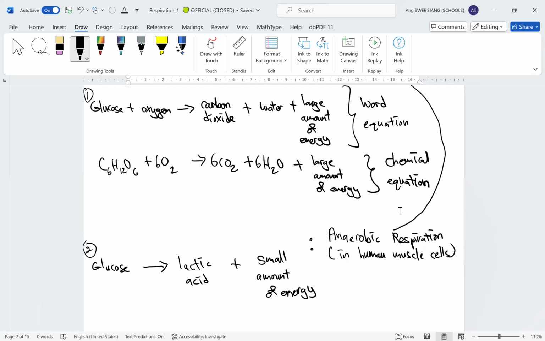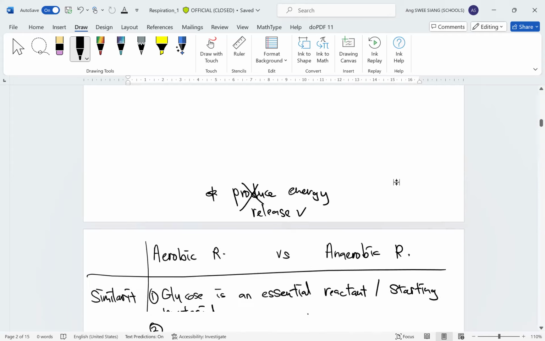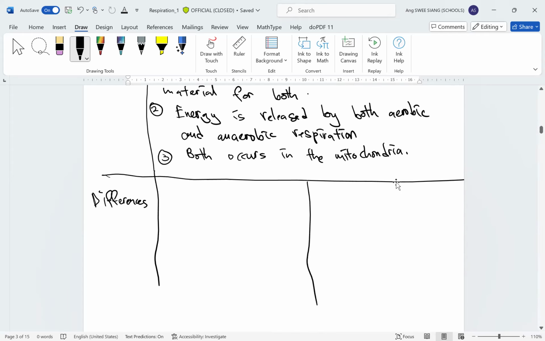Okay, one is a large amount of energy, one is a small amount of energy. Very good. So the first difference, you can talk about aerobic respiration releases a larger amount of energy.